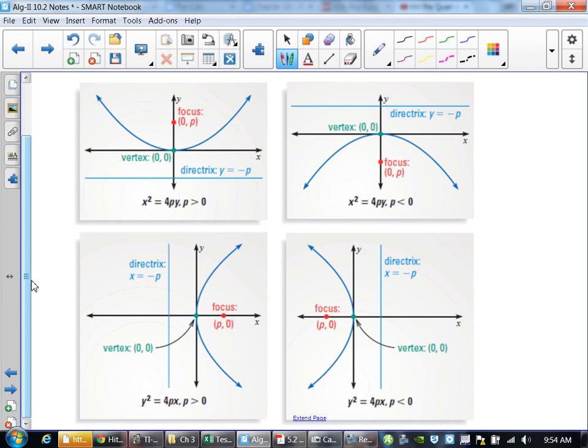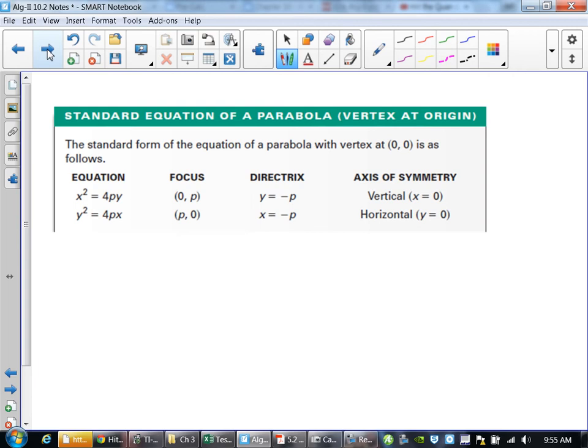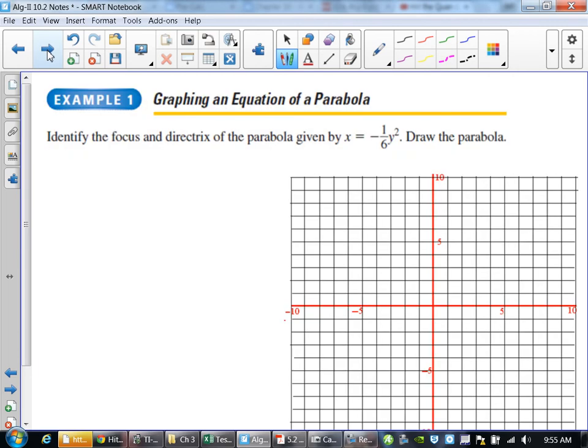Focus is below it, directrix is above it. That's how we flip these things around. Let me give you an actual example of something centered at the origin and show you how we can calculate where the focus and the directrix are going to be. You'll be happy to know it's usually one step.